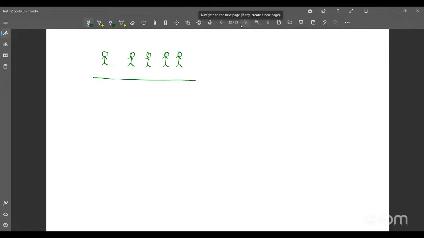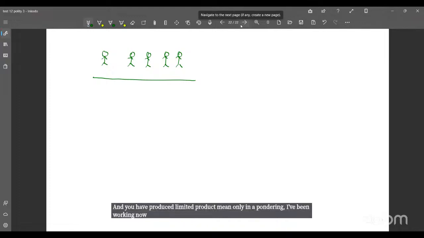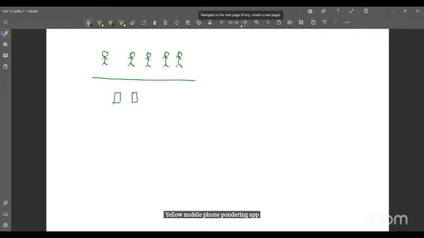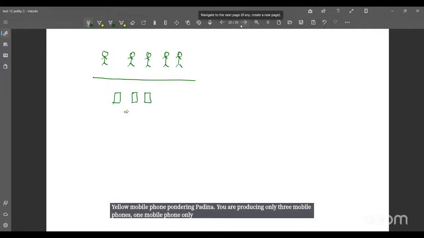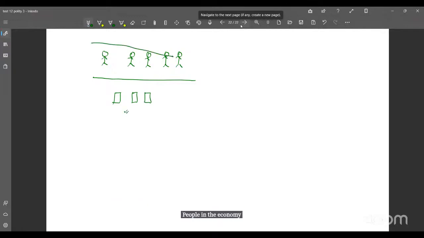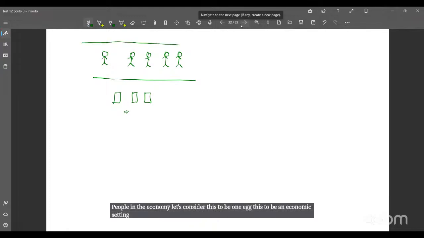And you have produced limited product. நீங்க வந்து என்ன பண்றீங்க அப்படின்னு பாத்தீங்கன்னா you are producing, let's say, a mobile phone. எவ்வளவு மொபைல் போன் பண்றீங்க அப்படின்னு பாத்தீங்கன்னா you are producing only 3 mobile phones. 3 மொபைல் போன் வந்து நீங்க வந்து மேனுஃபேக்சரிங் பண்ணிட்டீங்க. இப்போ இந்த எக்கானமி, let's consider this to be an economy. For our convenience, let's consider this to be an economy.